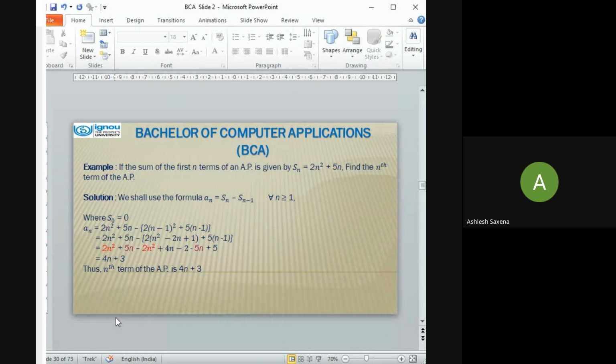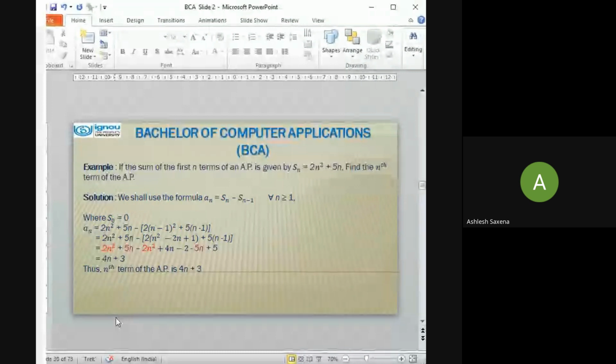Now, if the sum of the first n terms of an AP is given by Sn is equal to 2n square plus 5n, find the nth term of the AP. What is given to you?